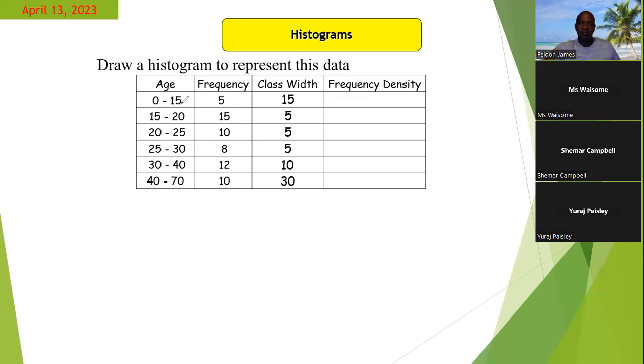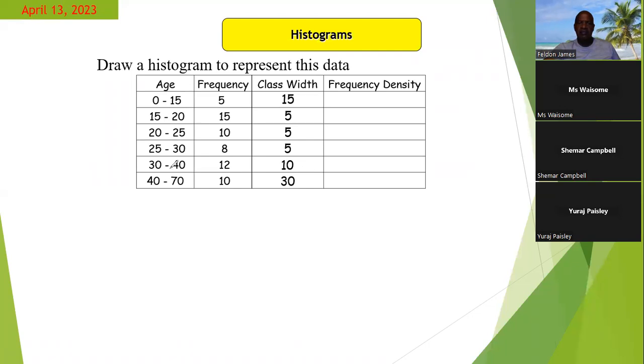Remember also, if we subtract boundary values, can you notice that these classes are labeled differently from how we would have had them when we're using the regular height? Because if this is 15, the next one would be 16 and so on.